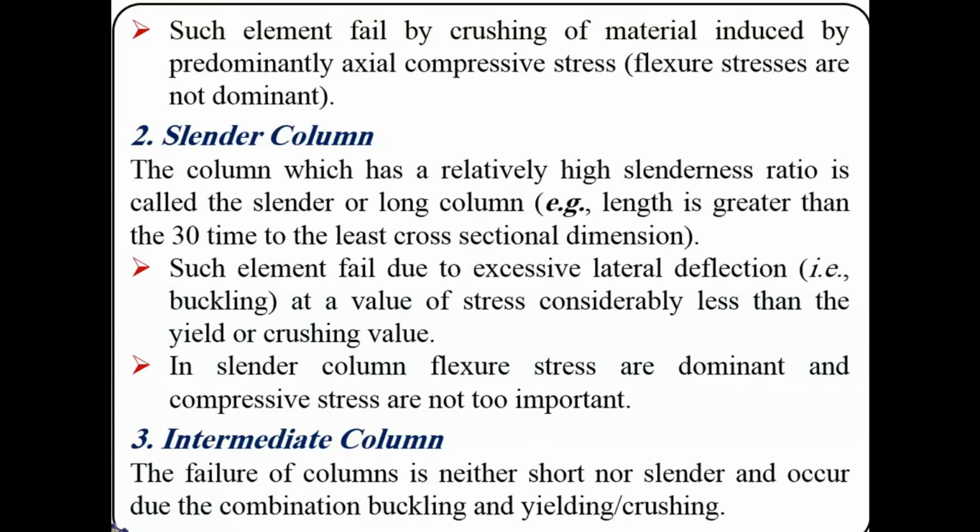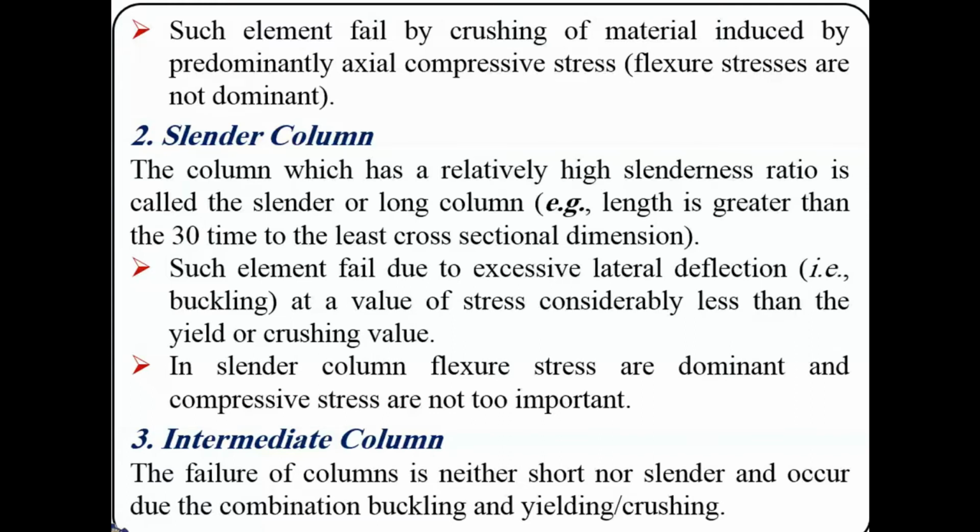But in the intermediate column, both crushing or local buckling occur at some parts, but the overall failure will be due to lateral buckling or lateral bending. In the intermediate column, some of the elements will undergo local flange buckling or local web buckling before the overall buckling.